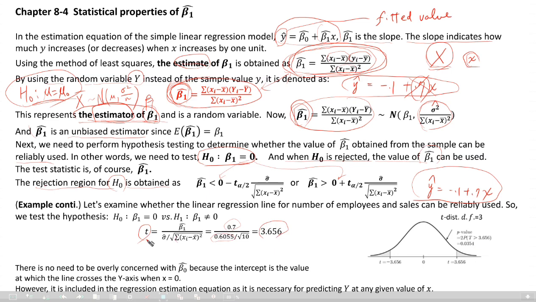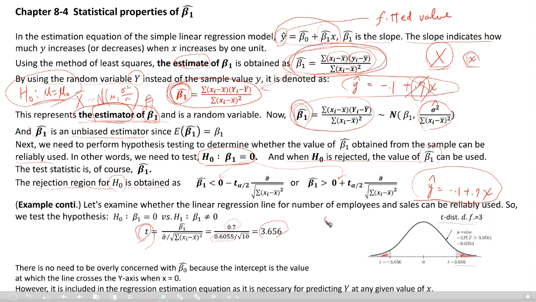So what is the p-value? We obtain the t value 3.656, then this area and this area are the p-value. Why? Two-tailed test. The t distribution has degrees of freedom, in this case 3, right?